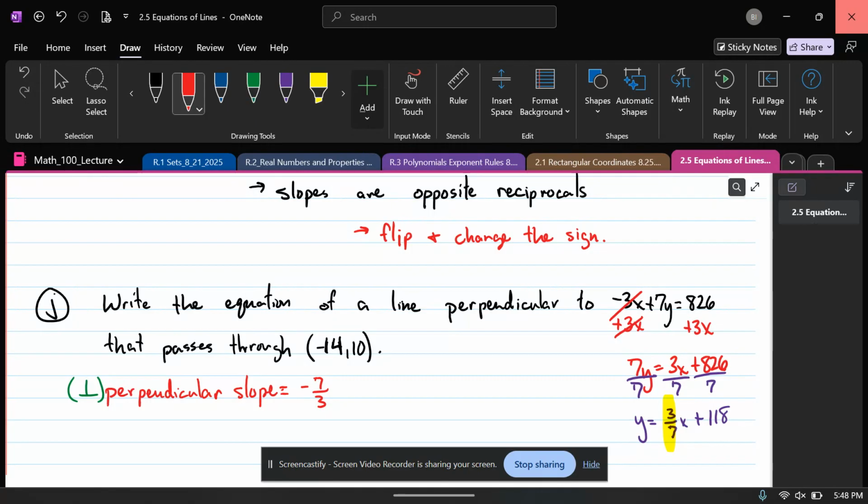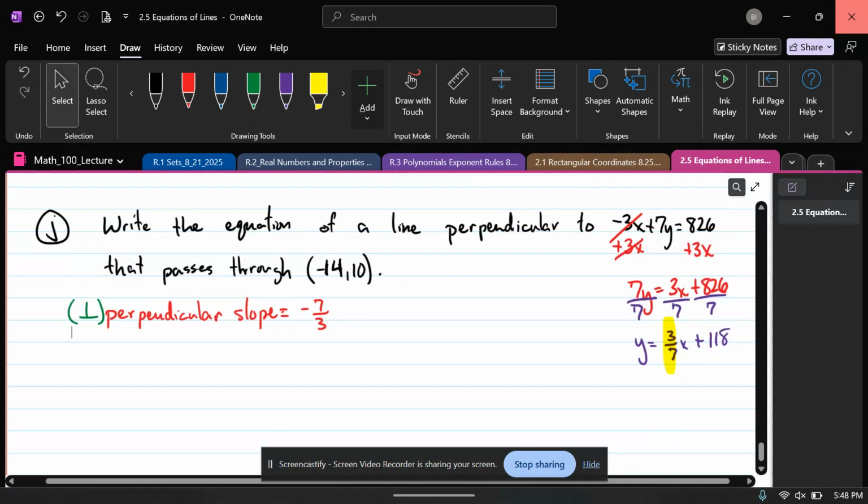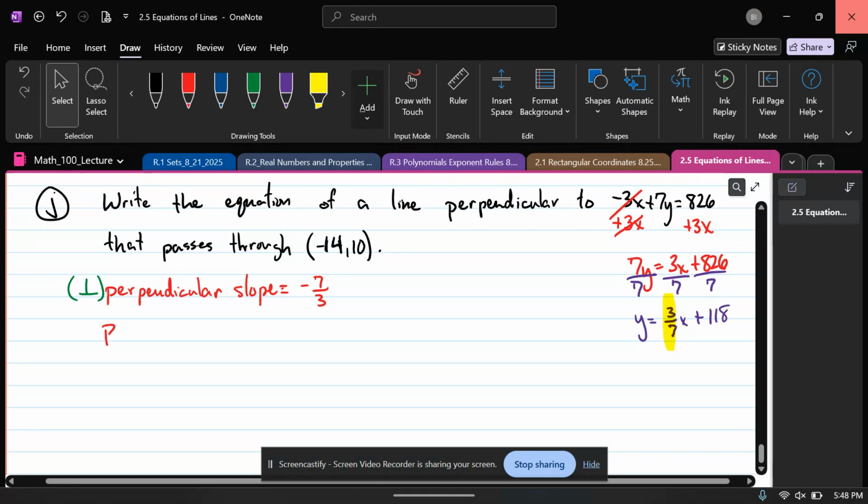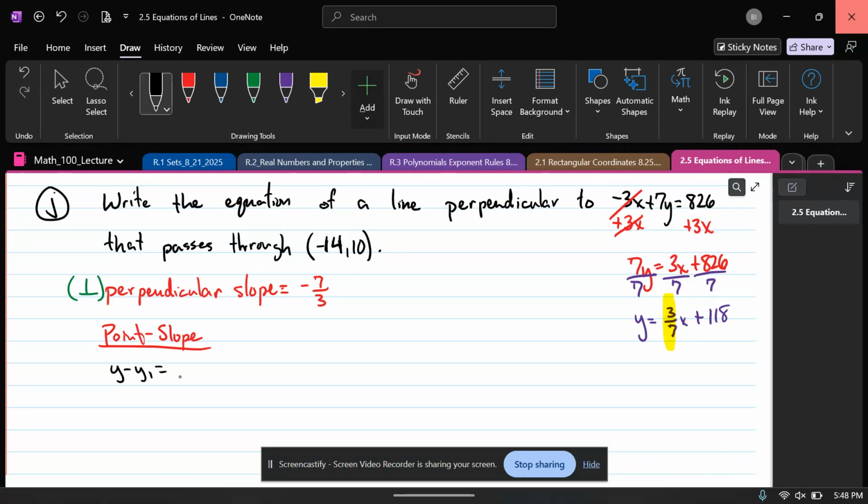All right. So we've got a slope. We've got a point. So we're going to start in point slope form. y minus y1 equals m times x minus x1. Plug in the stuff. What do we got? 10, because that's the y value there. So y minus 10.